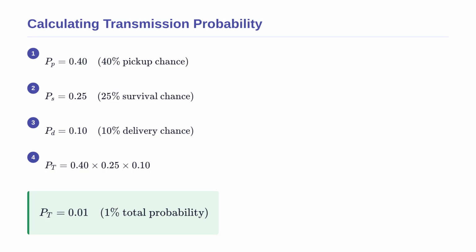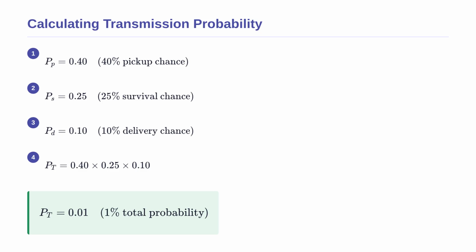Before we move on, let us see this formula in action with a concrete example. Imagine a bedbug feeds on a host infected with a skin bacterium. Research shows there is a 40% chance the bug picks up the bacteria, so P_P is 0.40. Once on the bug, the bacteria has a 25% chance of surviving the journey, making P_S 0.25.